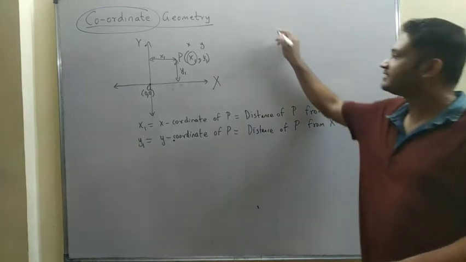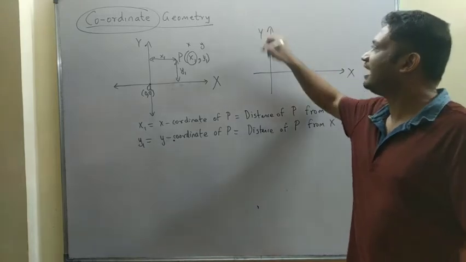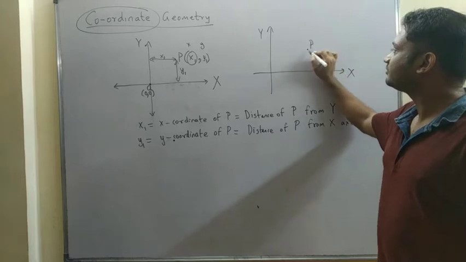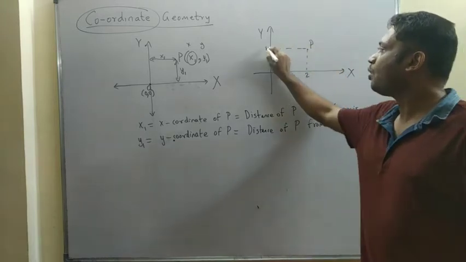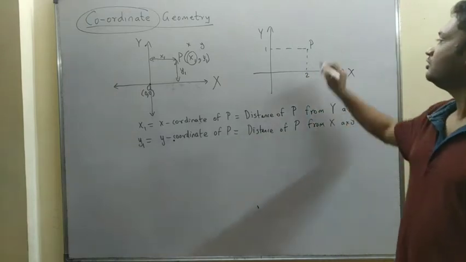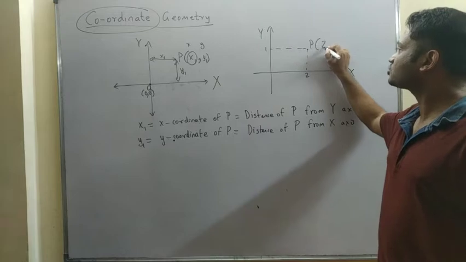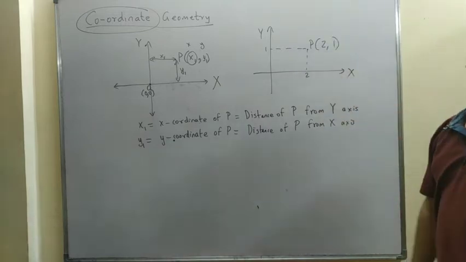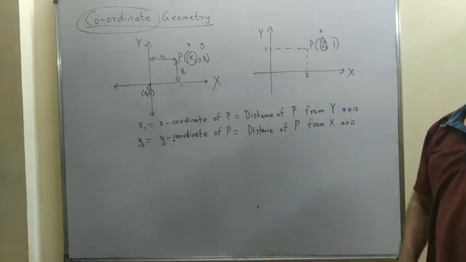So let us take some examples. Suppose this is our x axis, and this is our y axis. And suppose we have a point, let us say P, having, let us say, x coordinate as 2, y coordinate as 1. So how will we represent the point? First we will write the x coordinate, which is 2, then we will write the y coordinate, which is 1. Now, what does this x coordinate 2 refer to?